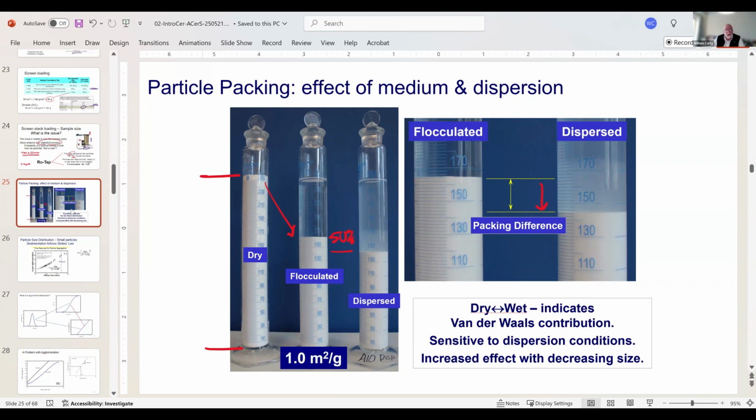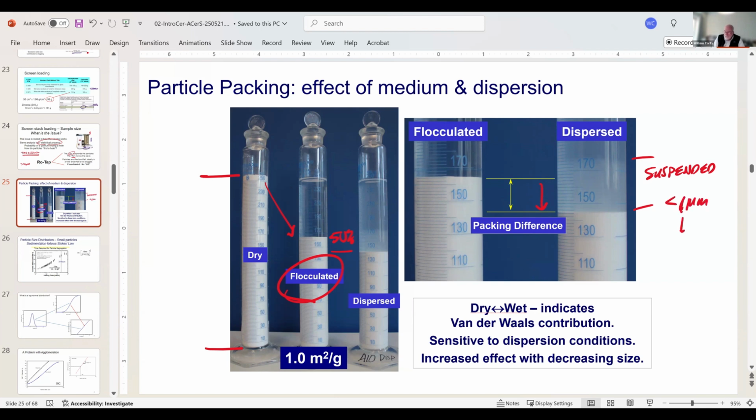If I let these powders settle, what's interesting is I can put these powders in this condition here, in my flocculated case, and I come back a day later and they're all settled like this. Here, in this case, you see these powders are still suspended. These are very fine powders. They're probably less than 1 micron.